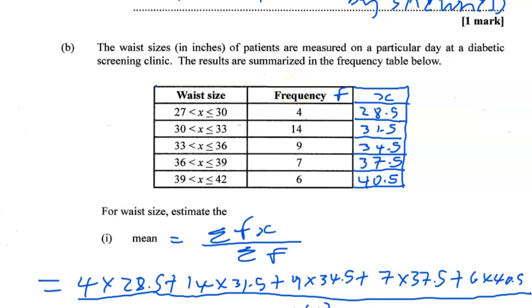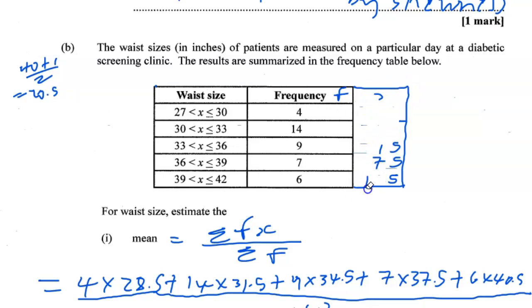So if we add 1 to 40 and divide by 2, 41 divided by 2 is 20.5, which means the median is somewhere between the 20th and the 21st patient. If you look at the cumulative frequency, by the way, I need to add a cumulative frequency column. Let me do that quickly.